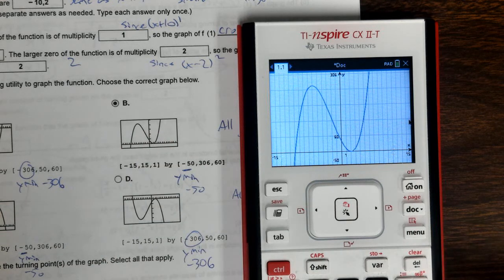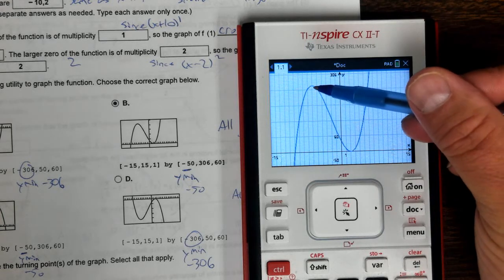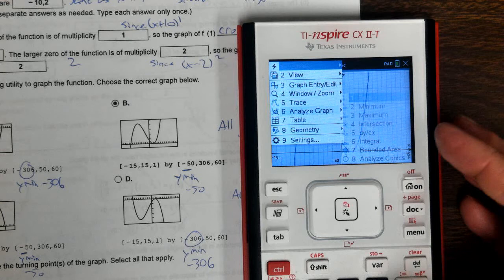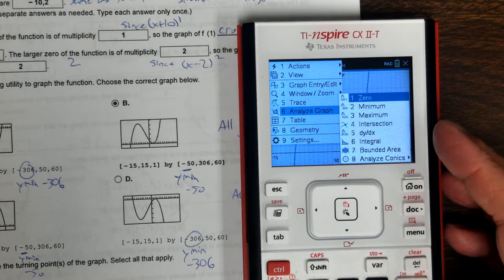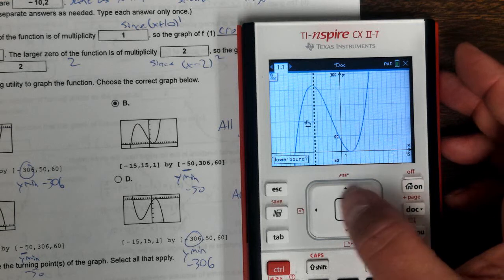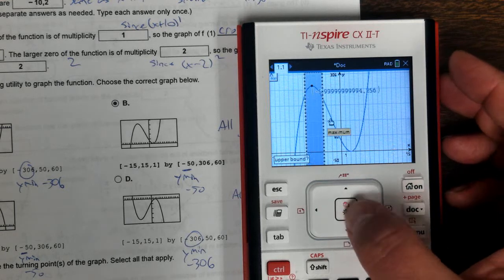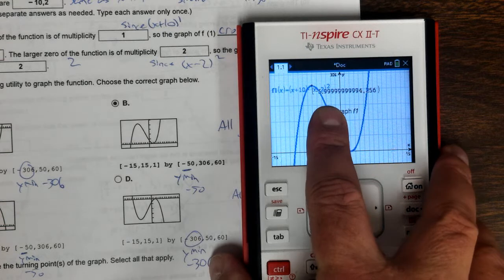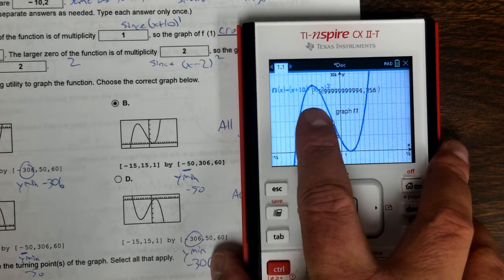And now it wants you to approximate the turning points. And so one of them is this max, the other is this min. So the maximum, it says lower bound, so go on the left, go on the right. This is negative 5.999, so that's negative 6.